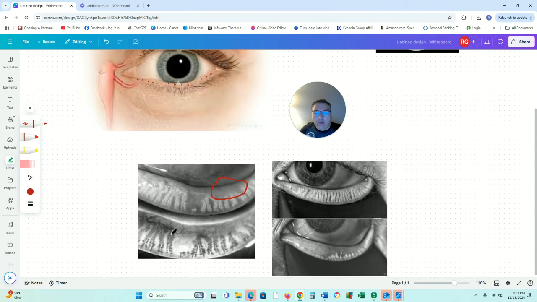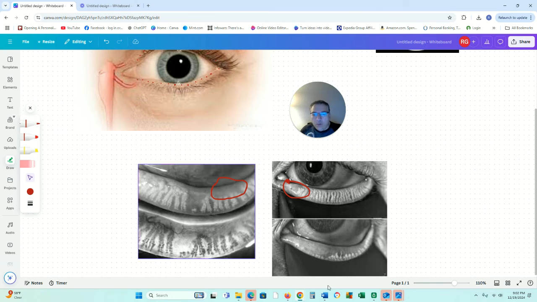In this example here, we see the same picture, but it gives you a very clear understanding that there is a lack of oil gland. In this particular example, we see that this person has a mostly full amount of oil glands here. We can see there is a little bit of thinning, but for the most part, this is a mild case of dry eye that we can make better by treating these oil glands with warm compresses or Optolite.